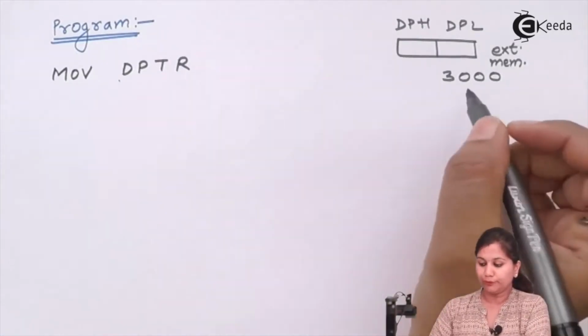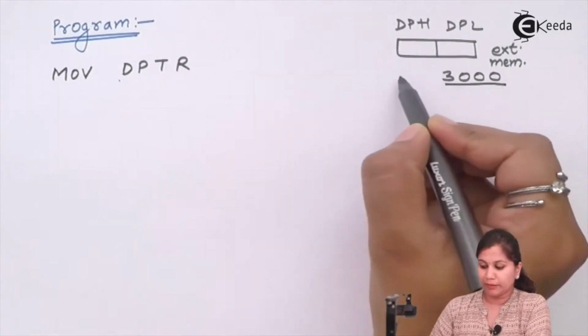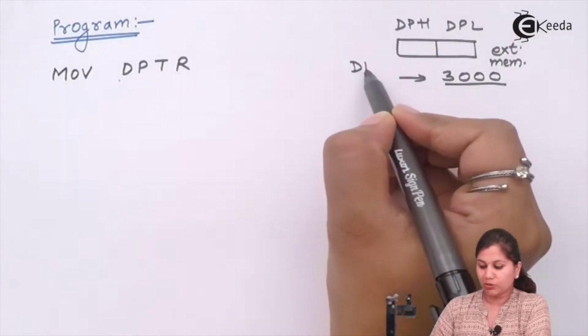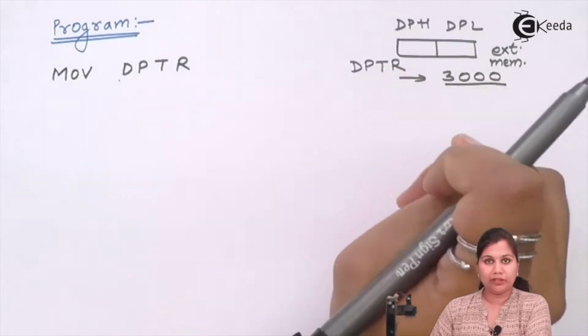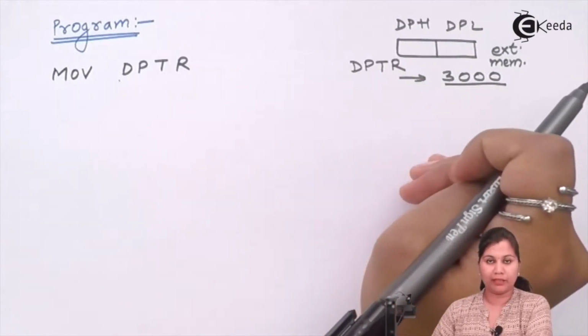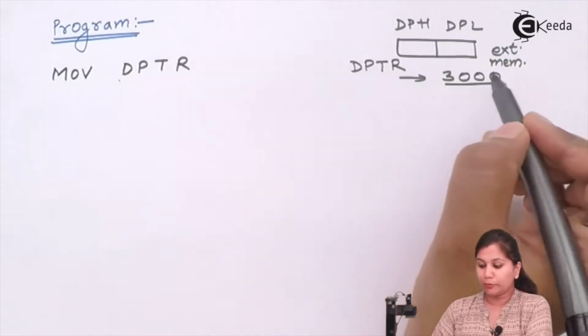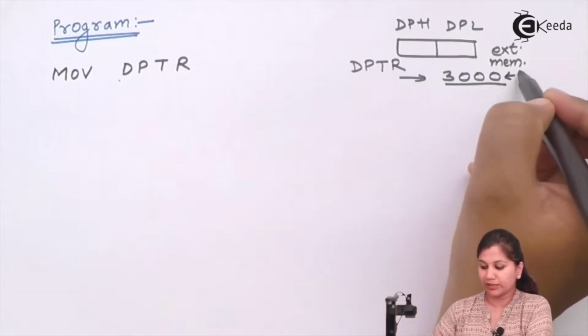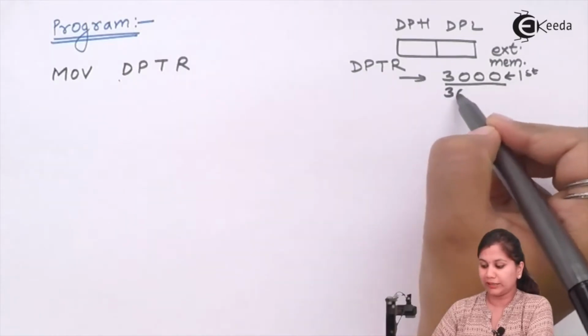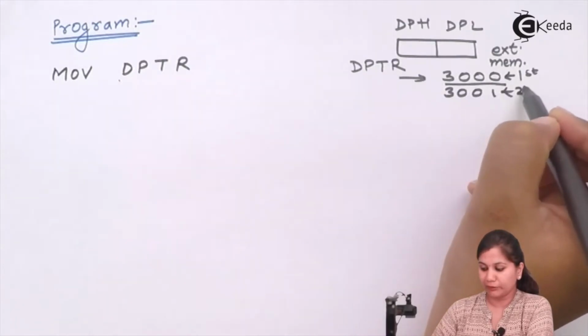So what we will do, this 3000 memory location will be pointed to by the memory pointer DPTR. Again and again we are going to increment this memory pointer, and we are going to bring the number which is stored at this memory location. That is, our first number will be there. After that, at 3001 our second number will be there.